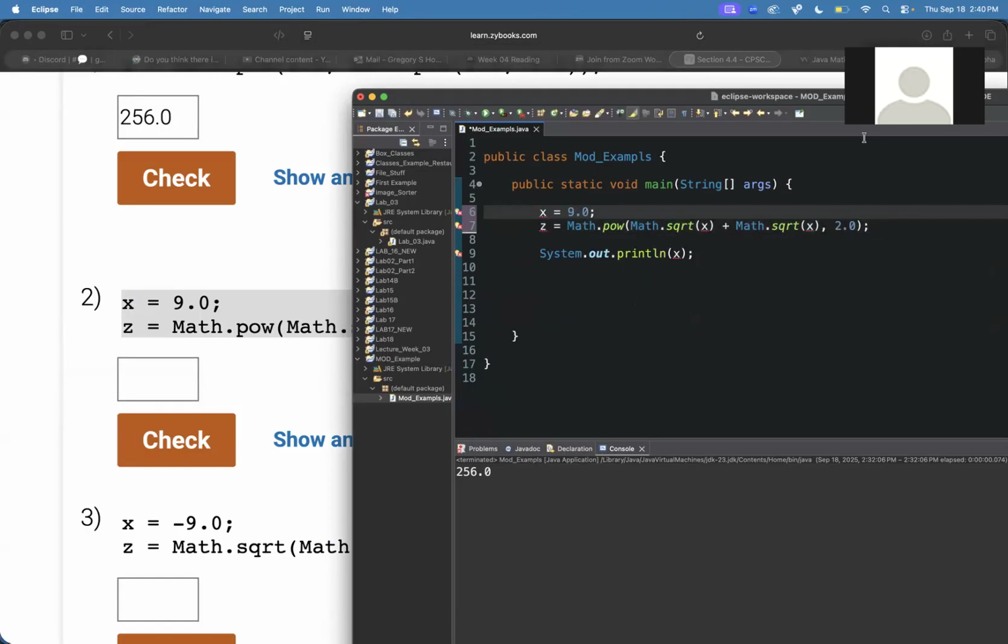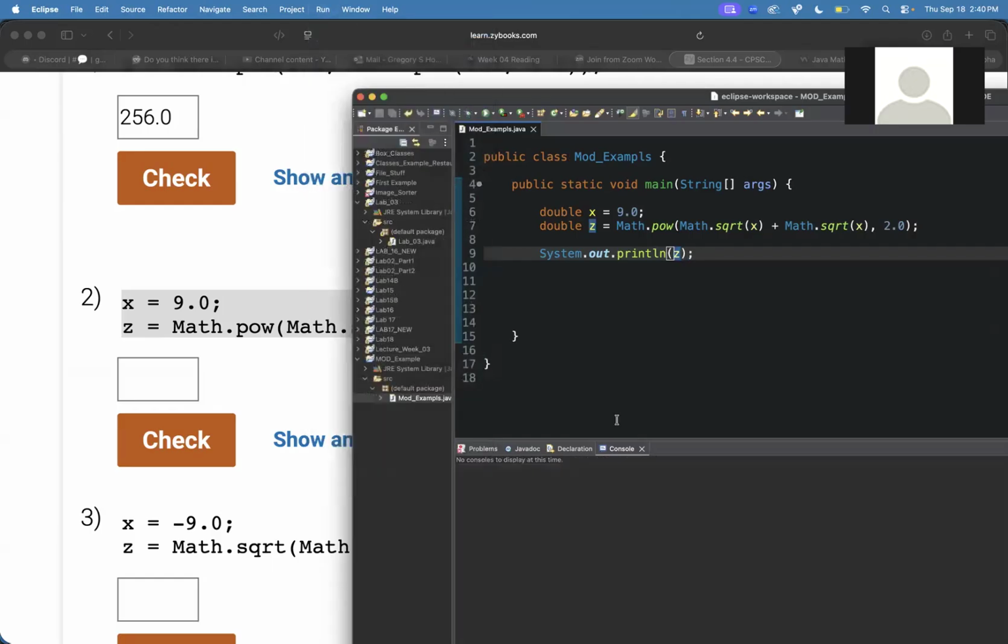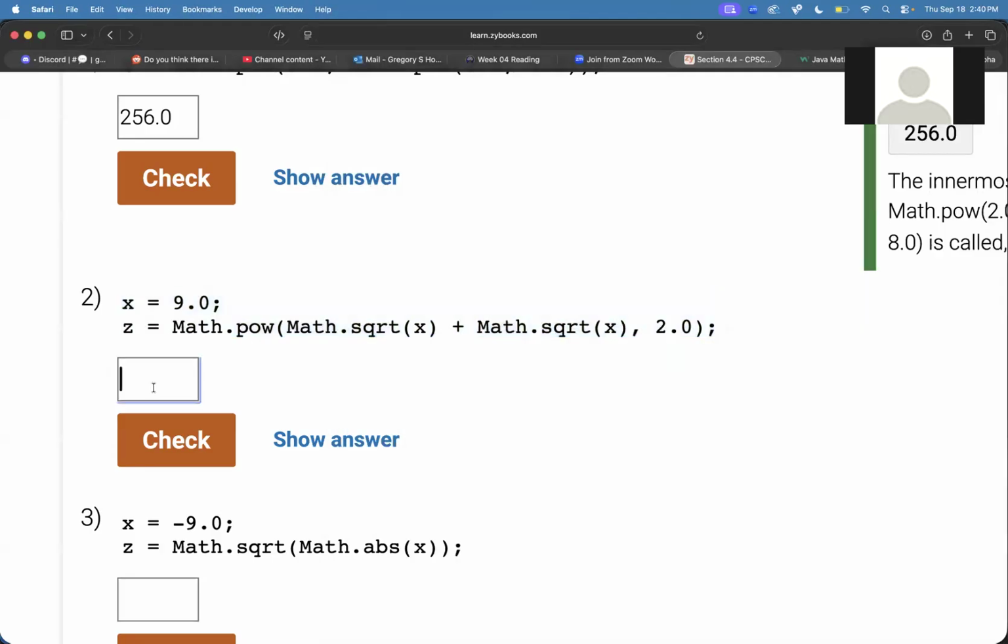You have to make sure your variables are defined though. So make sure that you declare your variables. And then if we want to know what's in Z, just make sure you print out Z. 36. 36.0.